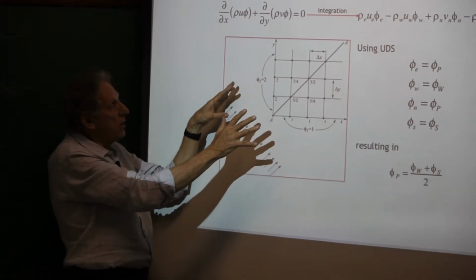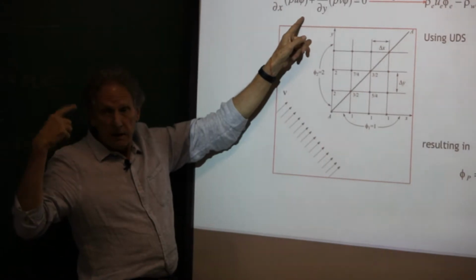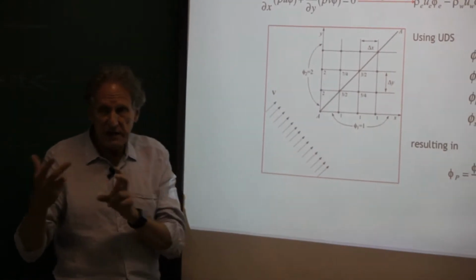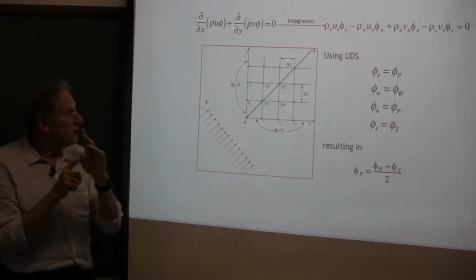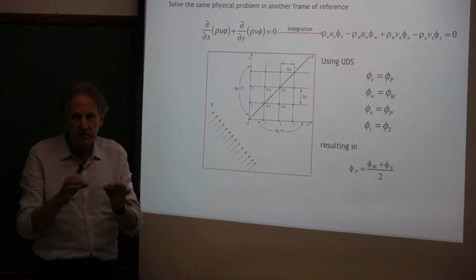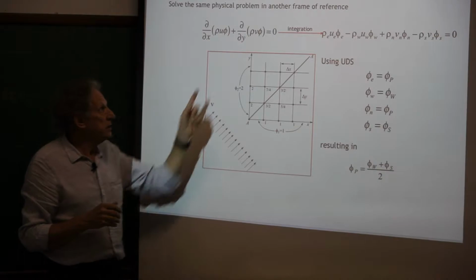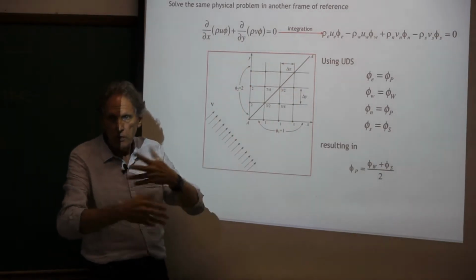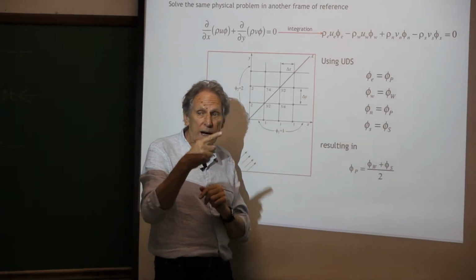And here's the flow now. Here's the grid. Now, the problem has to be represented in a new frame of reference, 2D Cartesian. So this is the equation. This is the pure advection equation in Cartesian coordinates for 2D. Then you integrate, normal procedure, finite volume, and then you are using upstream.